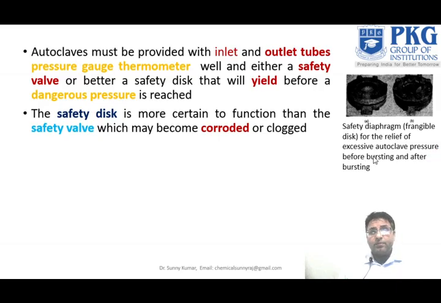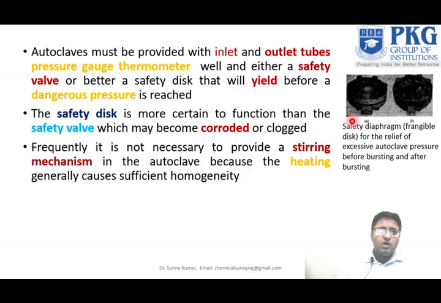This is before bursting, and after the bursting, because of this corrosion or pressure, you can see the surface morphology of this diaphragm.